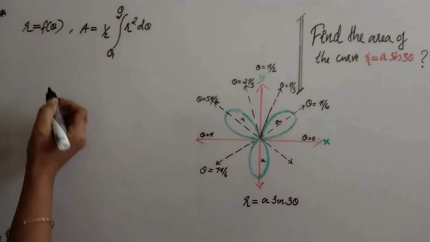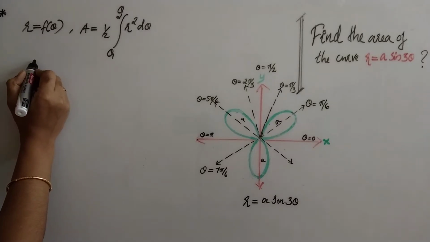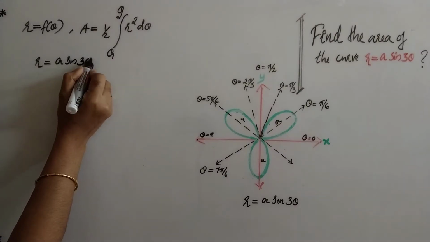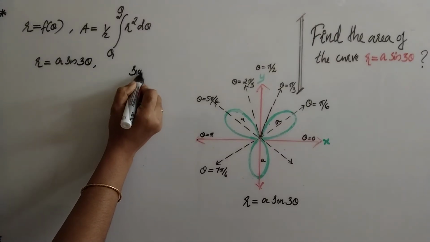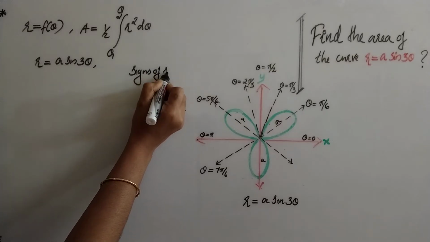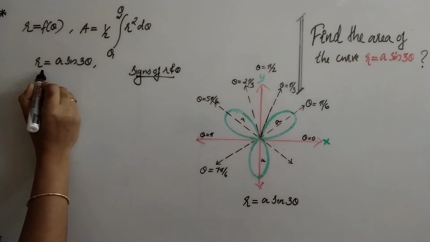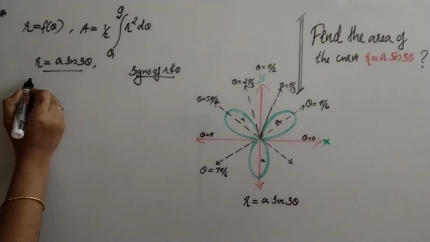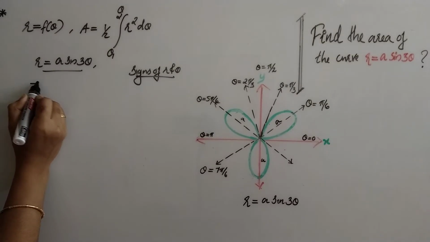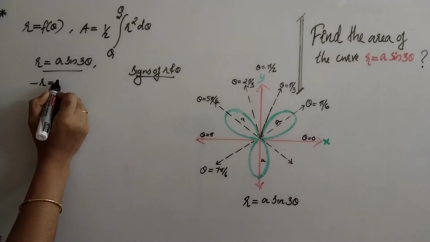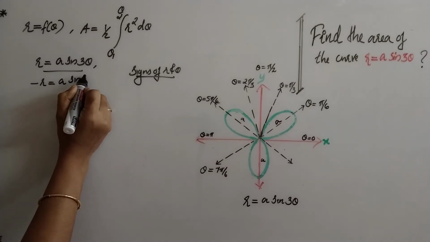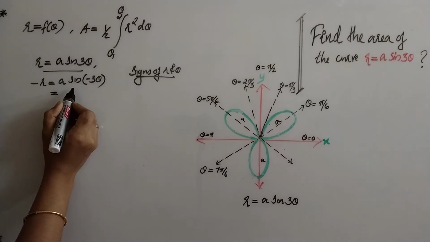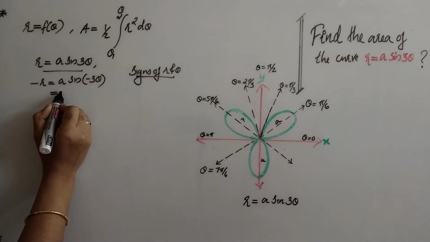And if we change the signs of r and theta in this equation, that is r is equal to a sin 3 theta, if we change r to minus r and theta to minus theta, a sin minus 3 theta, that is sin of minus theta is minus sin theta.